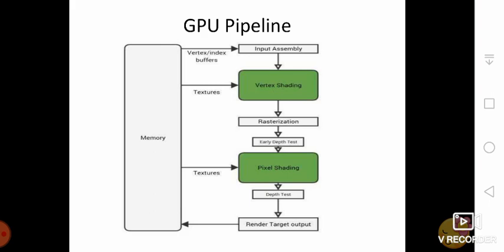The computations taking place here include texture mapping and math operations. Then the output merger stage combines various types of output data to generate the final pipeline result.